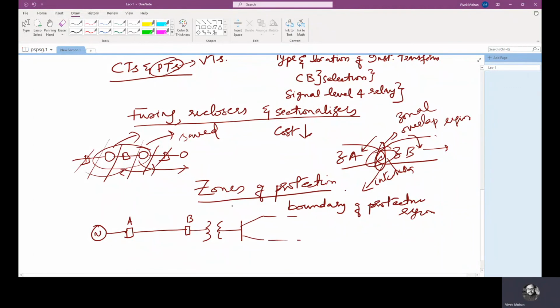So we are dividing the zones like this. This is zone A, this is zone B. So this is the zonal overlap region.